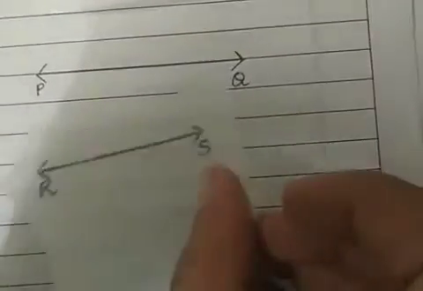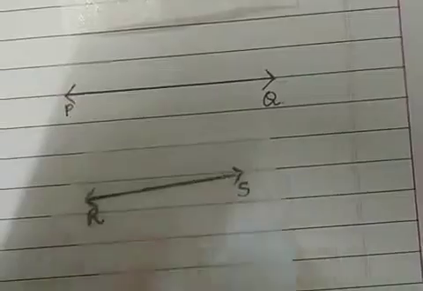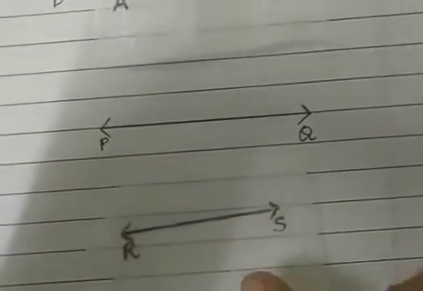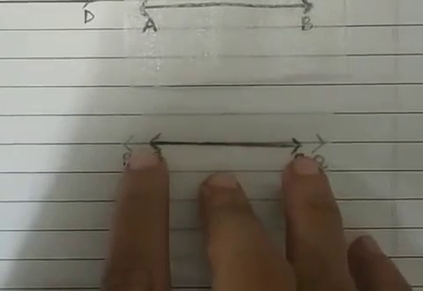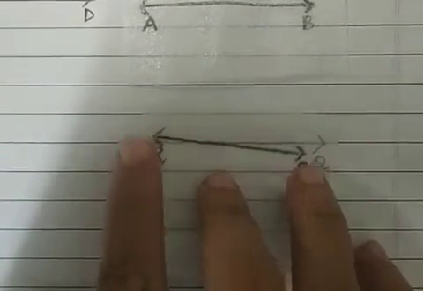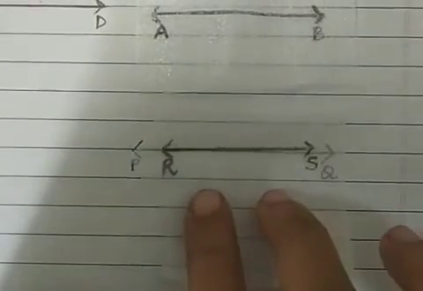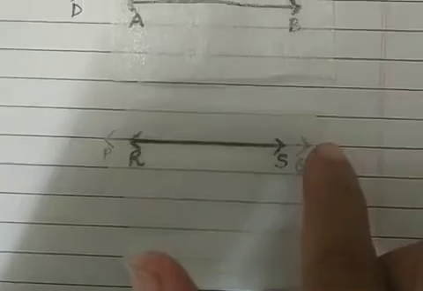Say PQ is another line segment and I want to check whether PQ and RS are congruent. By the method of superposition, I will place this on top of PQ. You will see that they don't exactly fit each other, right? There is some part of PQ which you can see here, and also some part of PQ which you can see here. Here you could see that they were exactly fitting each other.